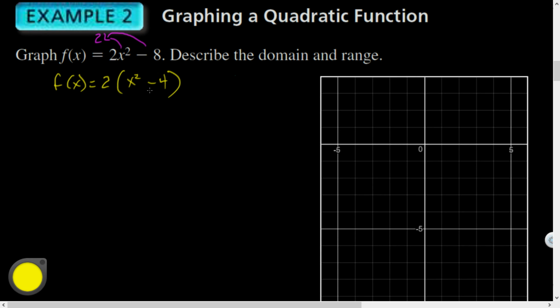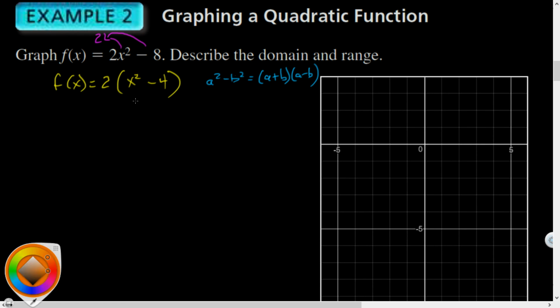Now, this is still not factored. x squared minus 4, don't know if you guys remember this: a squared minus b squared is equal to a plus b times a minus b. This can be factored, in which a is x and b is 2.